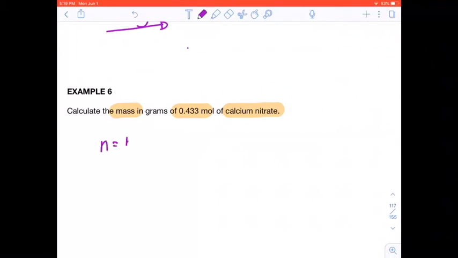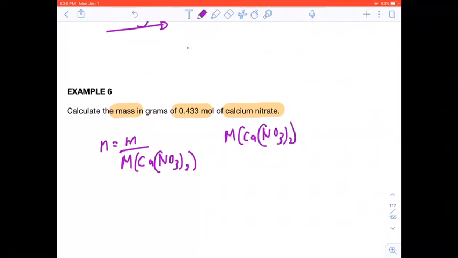So n is equal to mass upon molar mass of Ca(NO3)2, and M of Ca(NO3)2 is equal to, so we have to look at calcium.